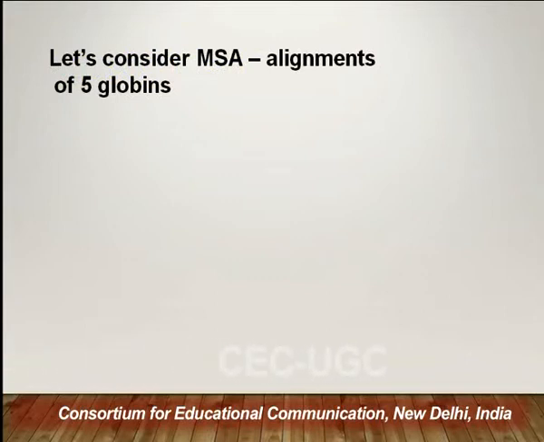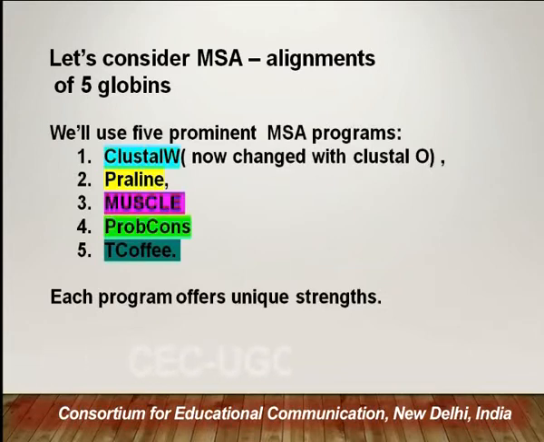Going into the details, we will do alignments for 5 globin proteins, and we will use 5 prominent programs which are very common nowadays: Clustal W, which is now called Clustal Omega, Muscle, ProbCons, MAFFT and T-Coffee.